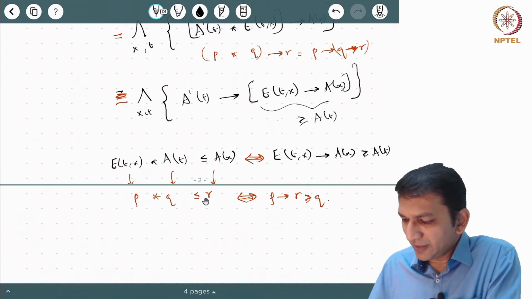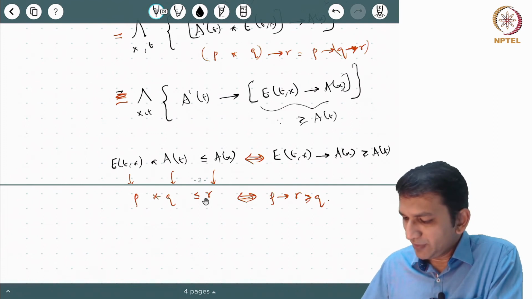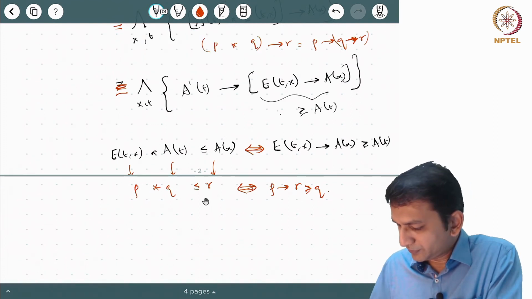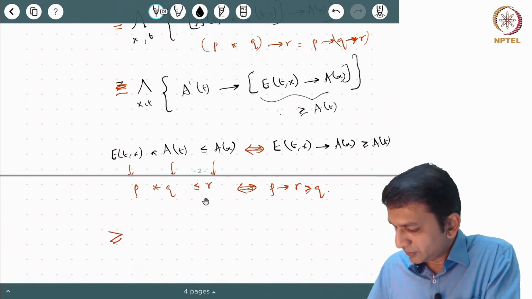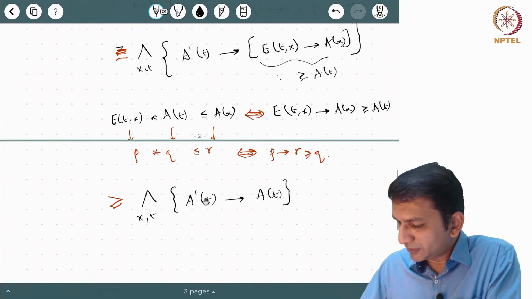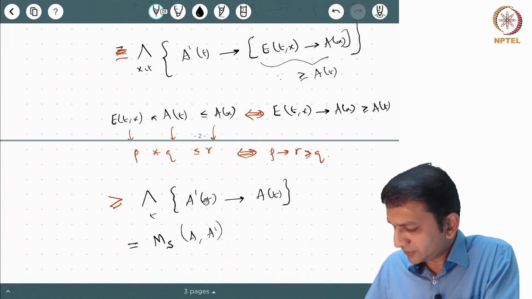Now it appears in the second position of the implication, where it is increasing. So the same inequality will hold. It's greater than or equal to a dash of t implies a of t. Now this x is superfluous, and what we see is essentially ms of a comma a dash.